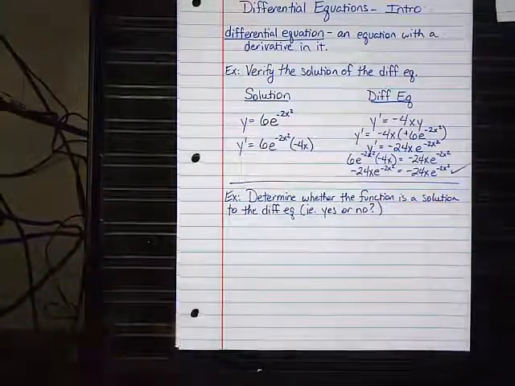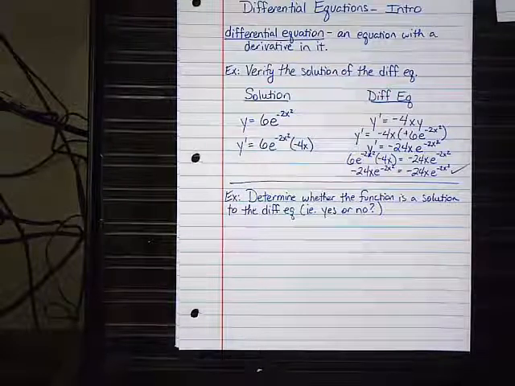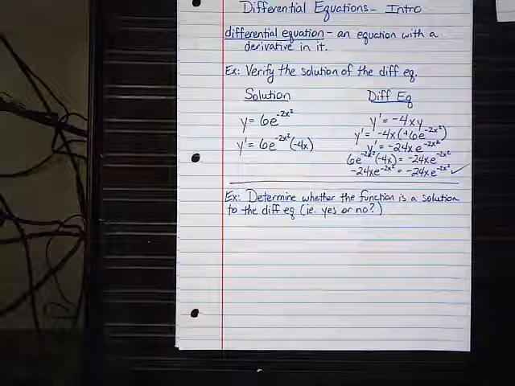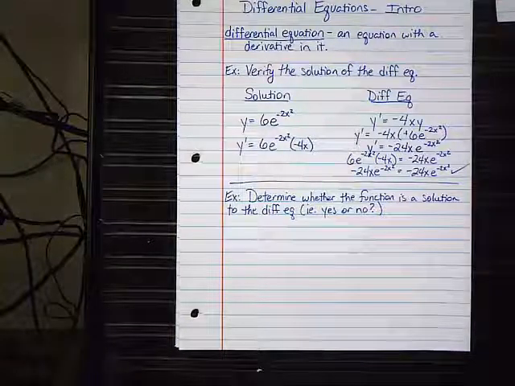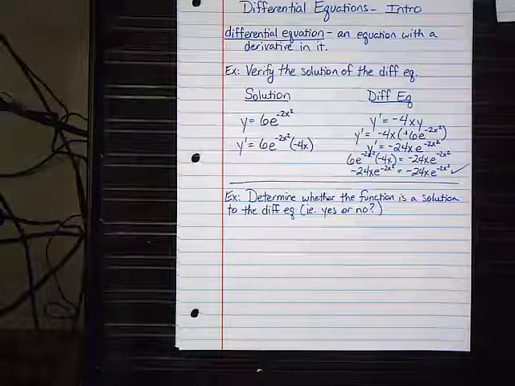Did it work or did it not work? So if it says verify, it's going to work. If it doesn't work, it's your mistake. In this case, though, some of them are going to work and some of them are not going to work. So you've got to be very careful as you do the math.